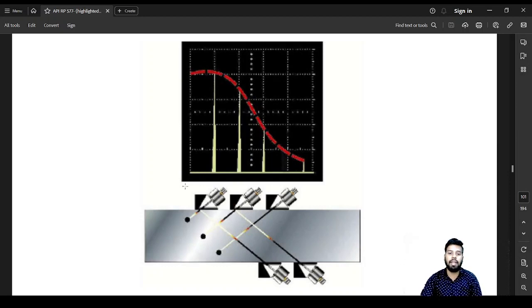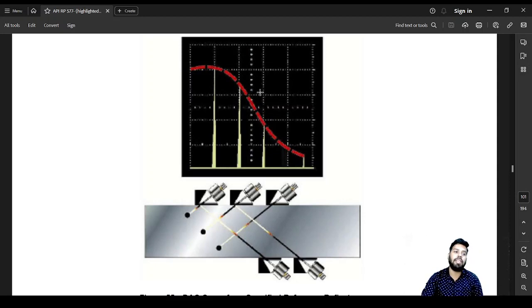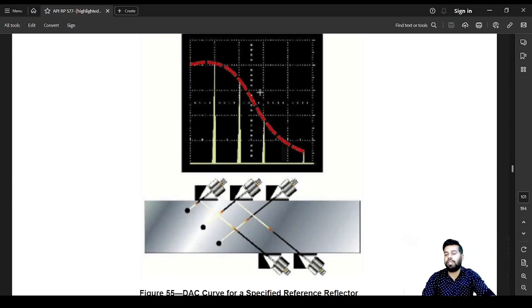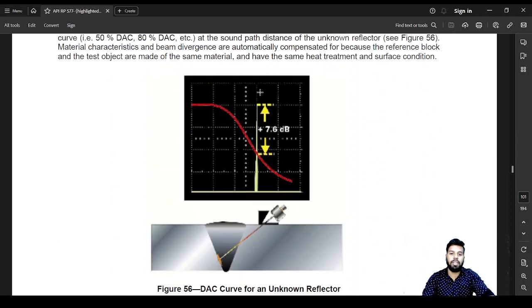So basically, let's imagine that this hole is 2 mm. By plotting these holes at different distances, you'll draw this curve, and if anything goes past this, you'll understand it is greater than 2 mm at least. This will help your examiner understand whether the size of the discontinuity is above or below the acceptable level without running any calculations. It just makes our life easier.